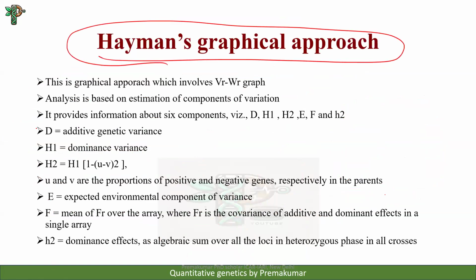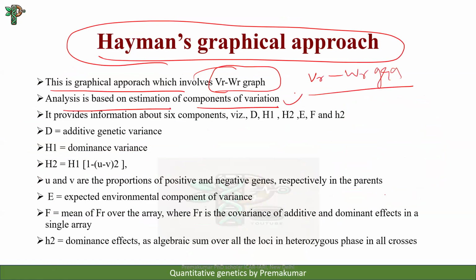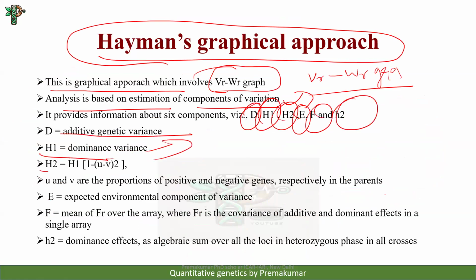Hayman's graphical approach involves construction of the Vr and Wr graph, with analysis based on the estimation of component variation. We can estimate additive variance, dominance variance, H2, E, F, and H2. Here D is the additive genetic variance, H1 is the dominance variance, and H2 is H1 into (1 minus U minus V) square.